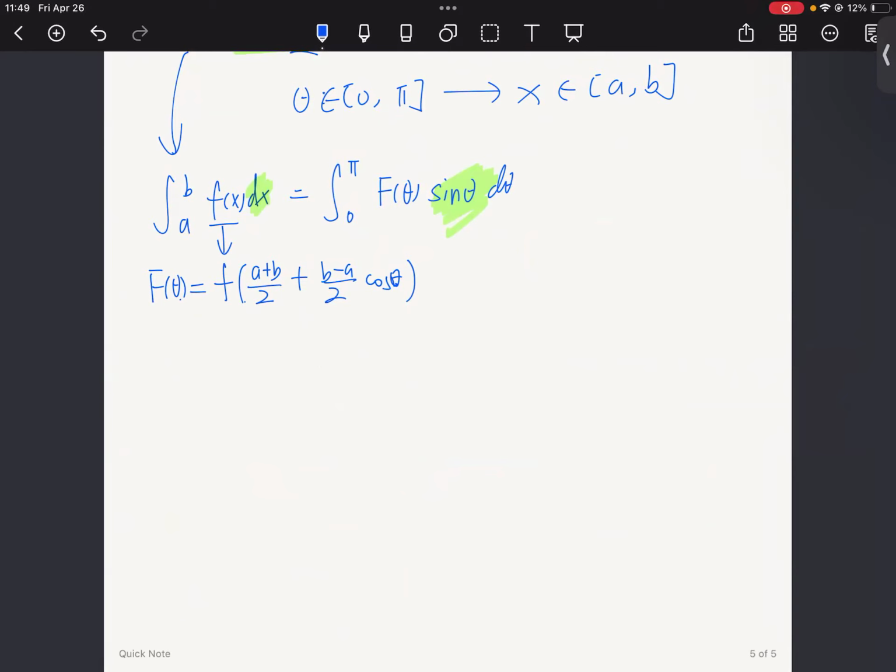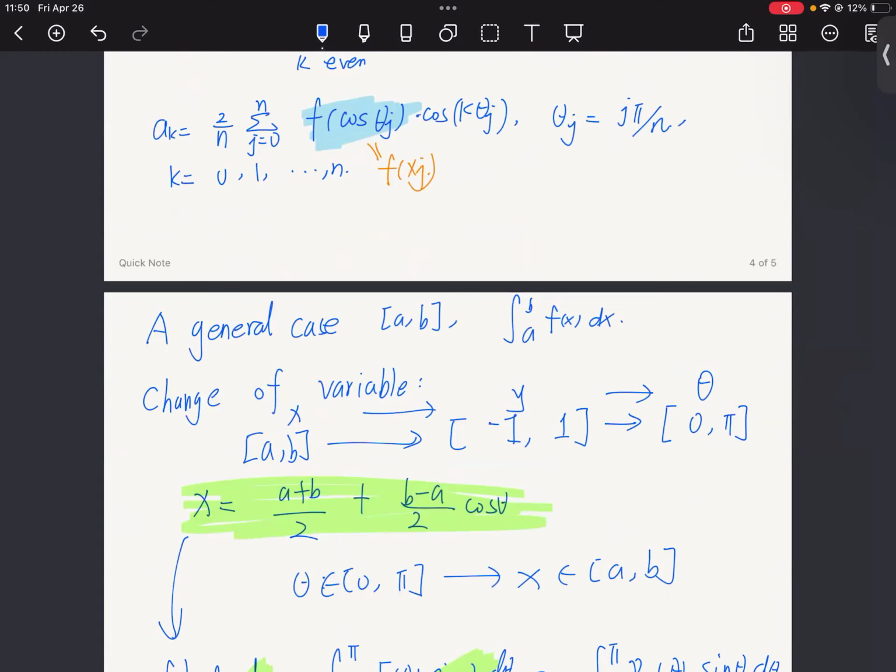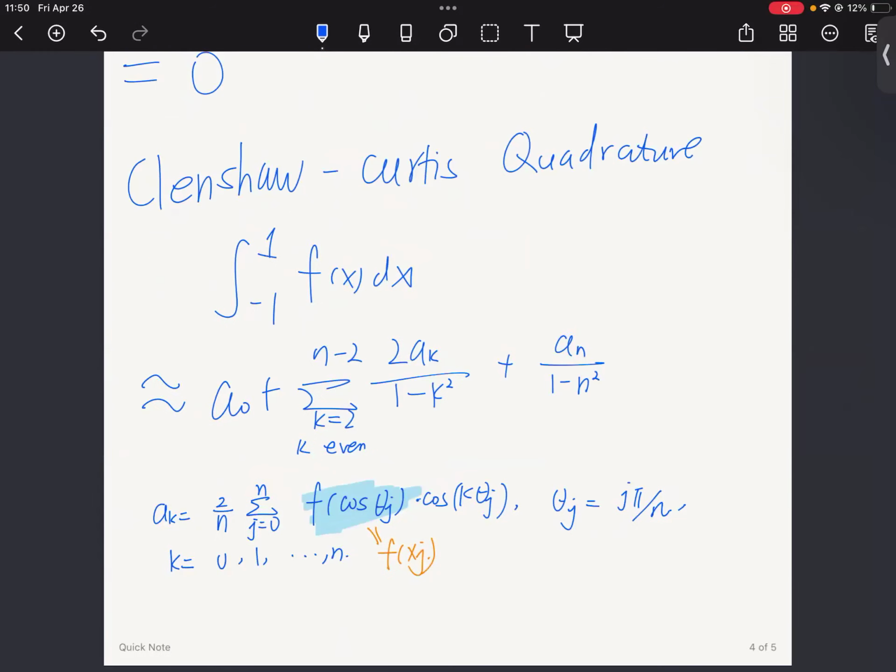And once again, you are going to use that p_n(theta) and sine theta, and use the formula we got here to approximate that integral.